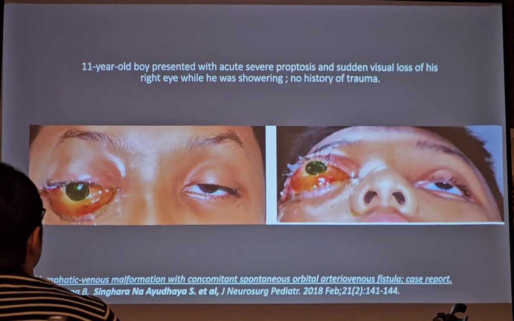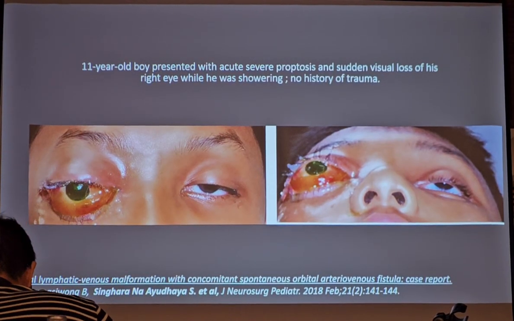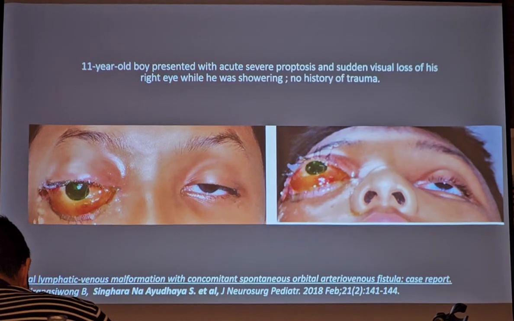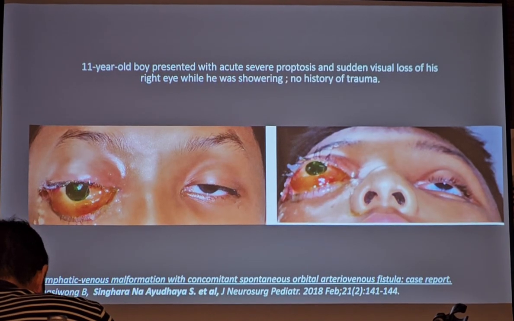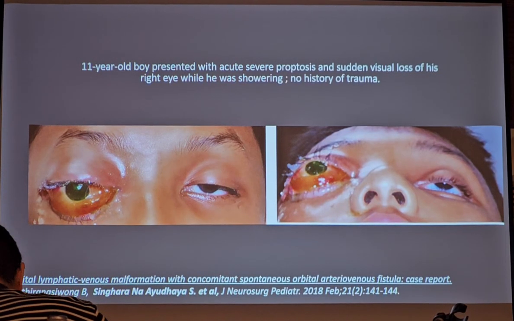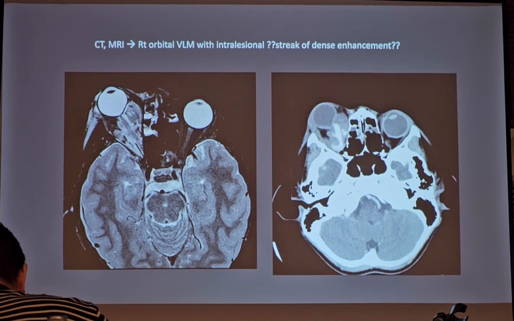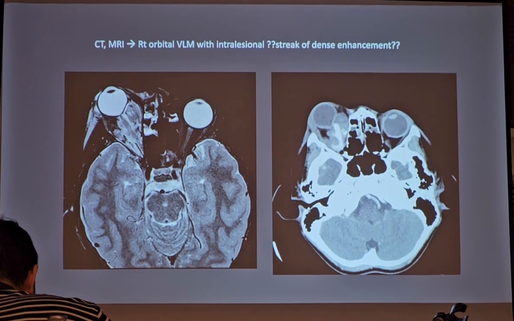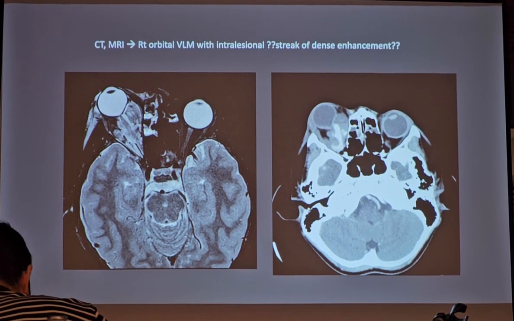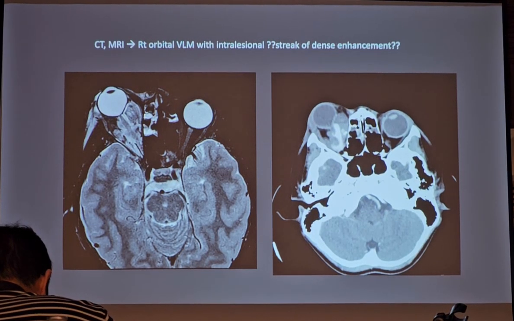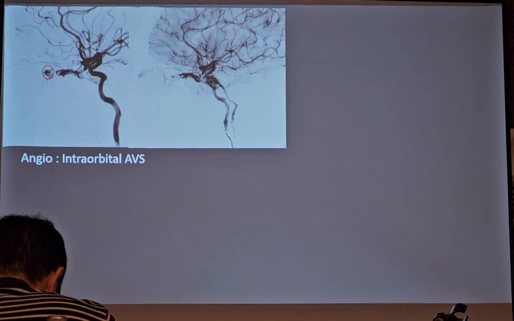So there are things that can differ from a standard treatment, and we published this with the ophthalmologist: orbital lymphatic venous malformation with concomitant spontaneous orbital arteriovenous fistula. So we were having this. Again, we didn't notice why we have a slightly intense enhancement within the lesion. By the time, we ignored the finding that we should not ignore.